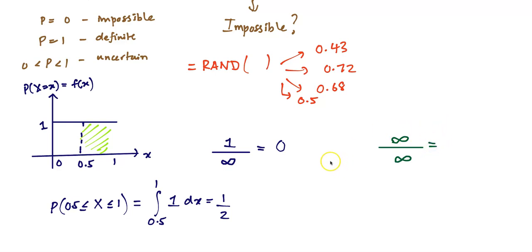And again, the way that I like to think about it is, let's consider the limit. Let me use a different variable: the limit as a tends to infinity of a over 2a. So as a gets larger and larger, what is the limit of a over 2a?